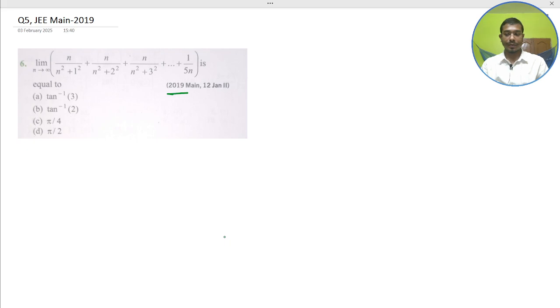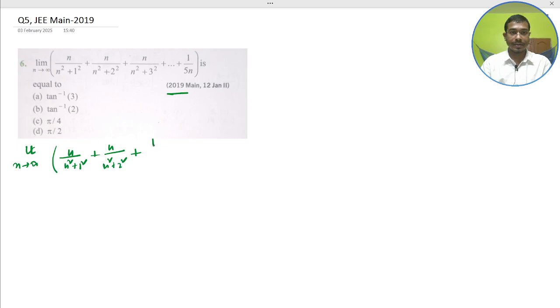So let us define that clearly. This is given. Solve this limit.